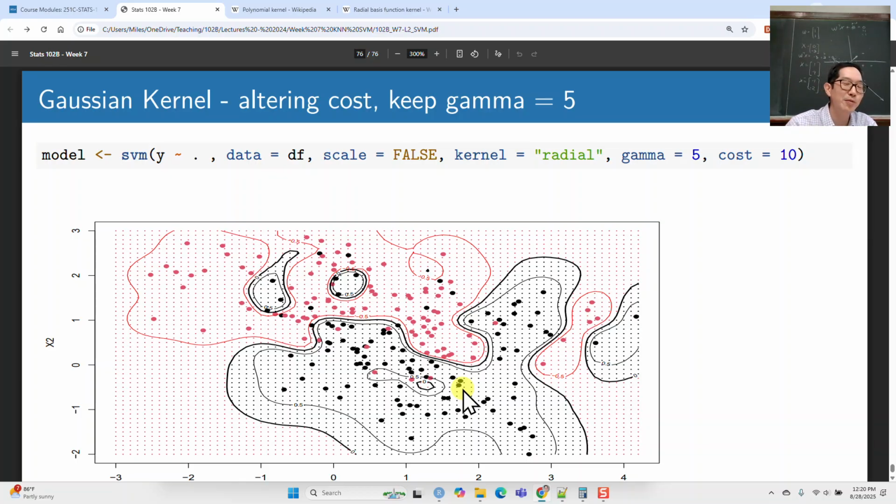But because it is so flexible, there's popularity, and here we have two parameters to mess around with. You might do some kind of optimization search with cross-validation to figure out the optimal combination of parameters.